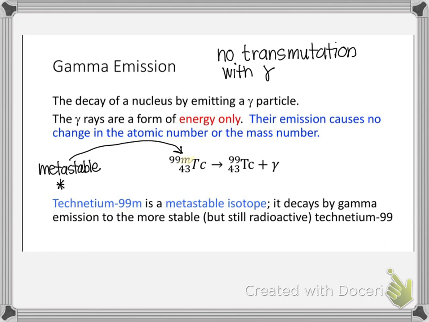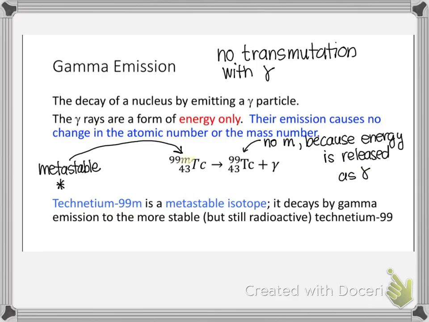So then what you'll notice in the product side, there's no longer an m, and that's because the energy is released as a gamma ray. Now, evidently, this technetium remains radioactive, but it no longer has that extra energy, so it must emit other forms of radiation. But technetium is something they use in heart tests when they're looking at heart imaging.